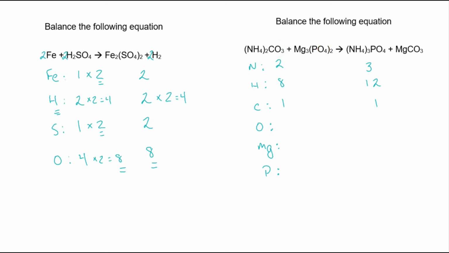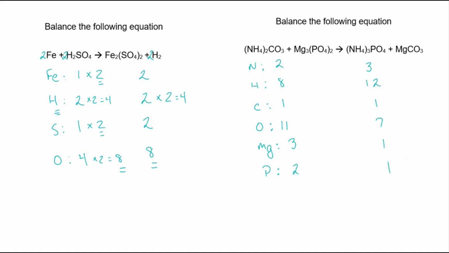My ammonium carbonate gives me 3 oxygens and magnesium phosphate gives me 8. I have 11 oxygens. And then on the product side, ammonium phosphate gives me 4 and magnesium carbonate gives me 3, so I have 7. Now for magnesium, these should be a little bit easier. I have 3 on the reactant side and 1 on the product side. And phosphorus, 2 on the reactant side and 1 on the product side.